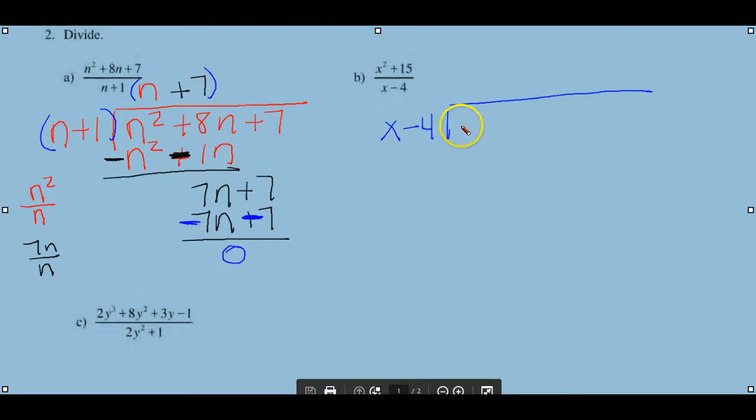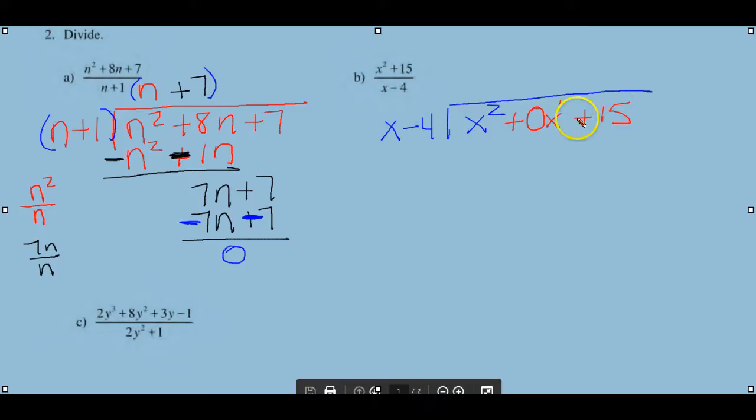divided into x squared. Now here's the case where there is no x term. But one of the things we must do as we go through this procedure is put in a space holder that has no value, but is the next power going down from x to the second, x to the first, and there is a 15 there.